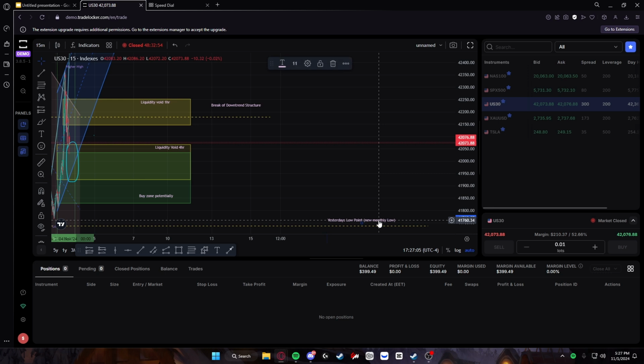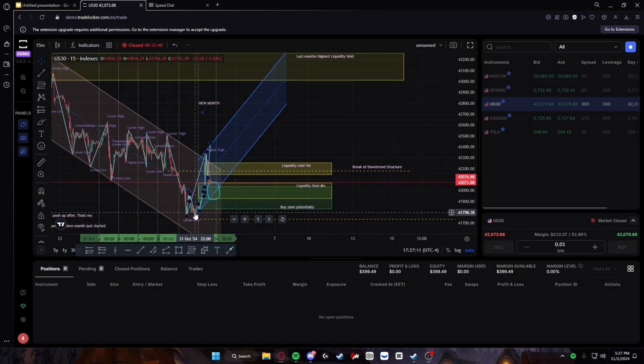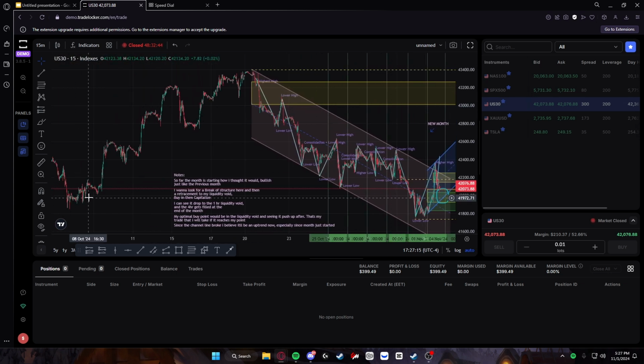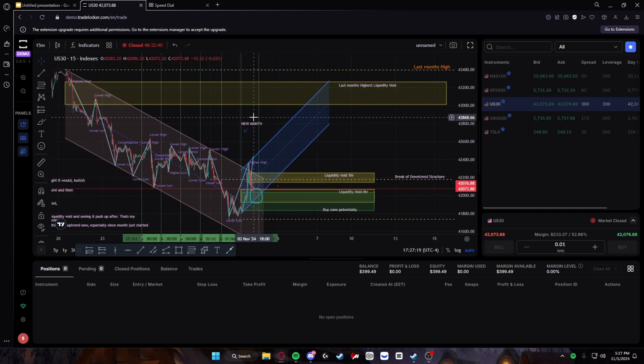Let me change that. So that's last month's low, and then we have the high. The previous month's low already got filled, but this high hasn't. So that gives me another reason why I think it's going to be a very bullish market for the first half of the month, until around this point, and then I think it's going to keep going down.